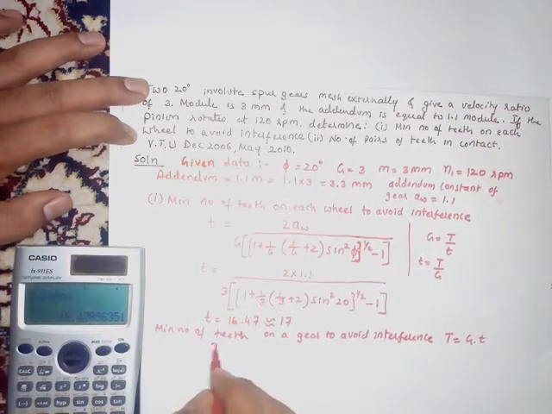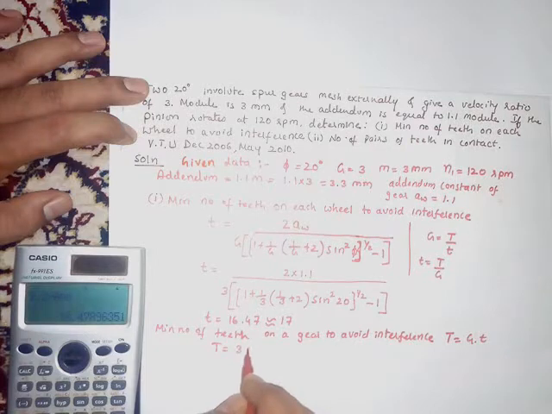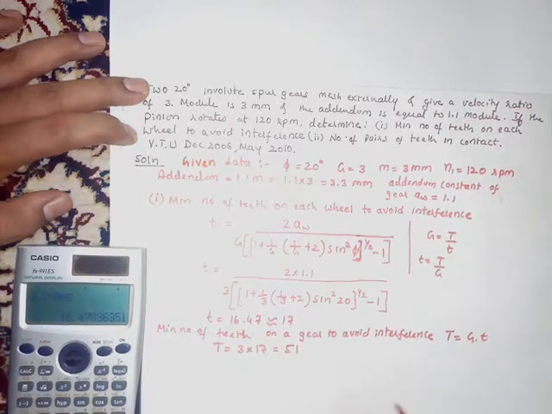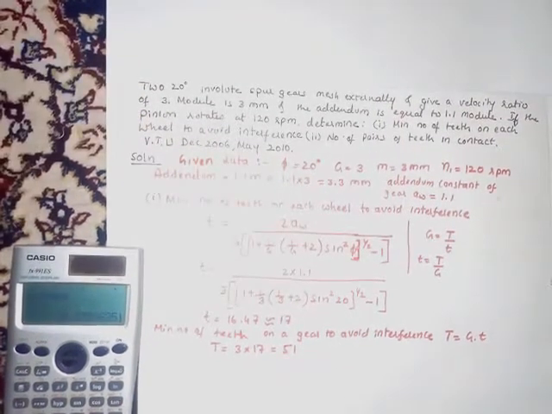So capital T is equal to G is 3, small t is 17, 17 into 3 is 51, so 51 is the number of teeth on gear to avoid interference.